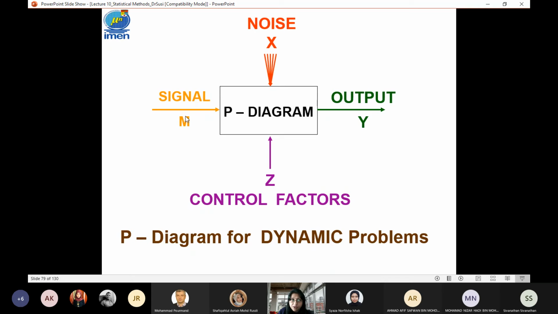Like my example just now, it's a plasmonic sensor. My output is sensitivity, but the sensitivity is determined by the refractive index of different analytes. Those different refractive indices are not a control factor, but actually a signal because they give an impact to the output.